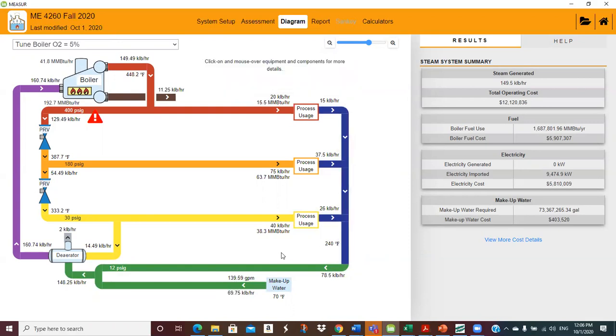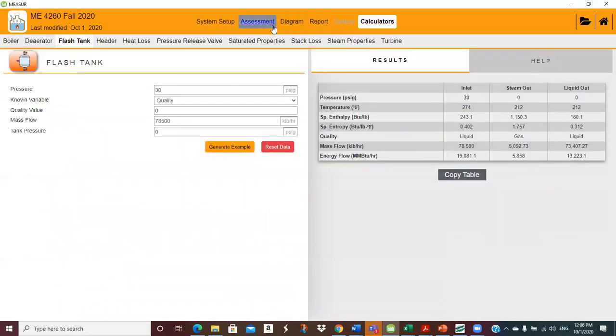Okay. Now, you can go to the calculators to run this if you want. It's kind of interesting, and so that's what I have here.